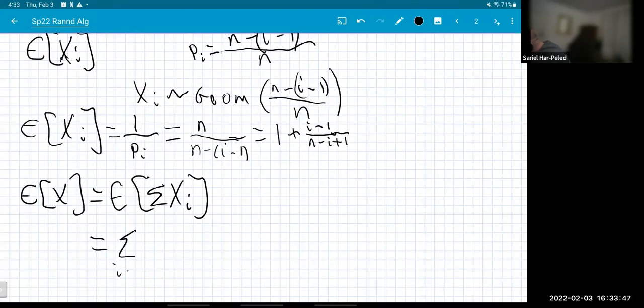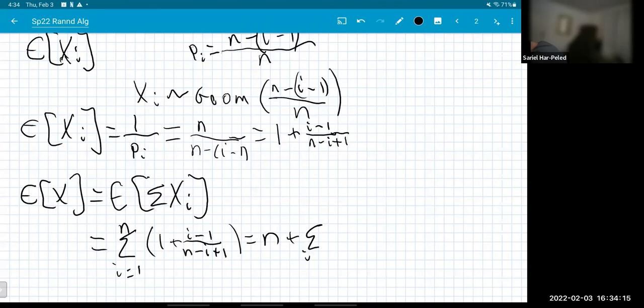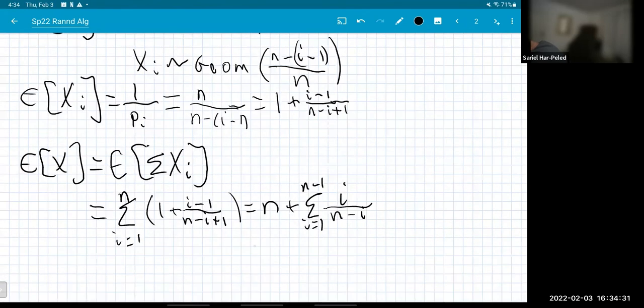This is the sum, by linearity of expectation, of n divided by (n minus i plus 1). So this is n. We can take the n out, and we can write it as the sum, I guess i goes from 1 to n, of 1 divided by (n minus i plus 1).